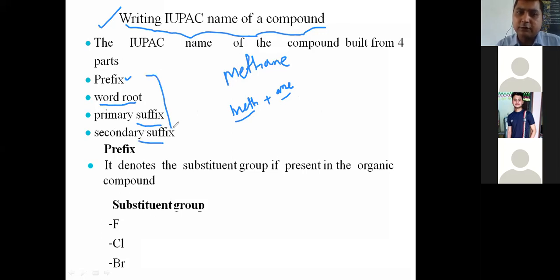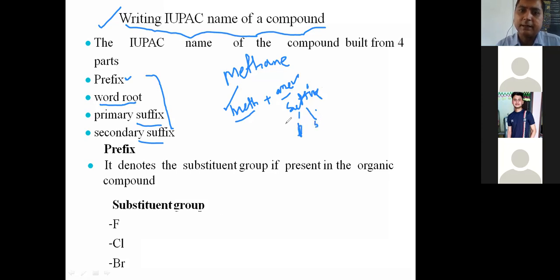So these are the parts of any compound that we will discuss: this is the prefix and this is the suffix. And in some compounds, the larger the name, they have a two-part suffix also, the primary and secondary, which we will discuss later on.